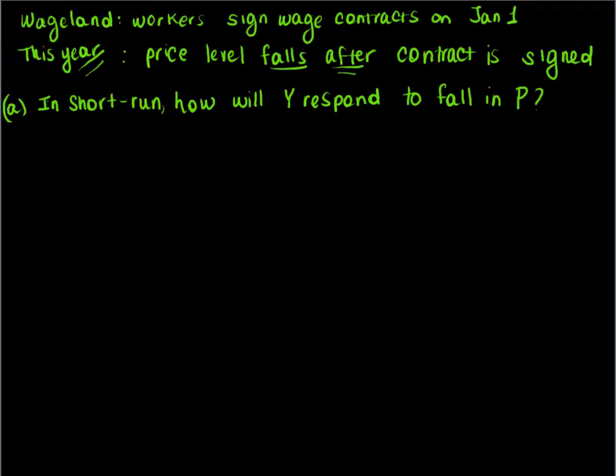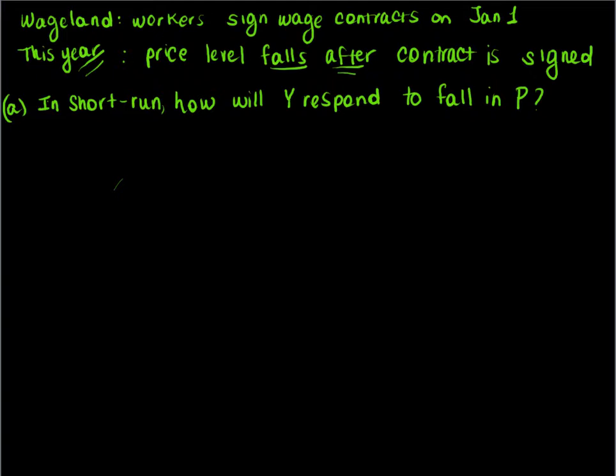In problem 3 of chapter 12, the question asks you to consider this country, Wage Land. It says that in this country, workers sign wage contracts on January 1st, for an entire year, and then right after they signed them, the price level fell.